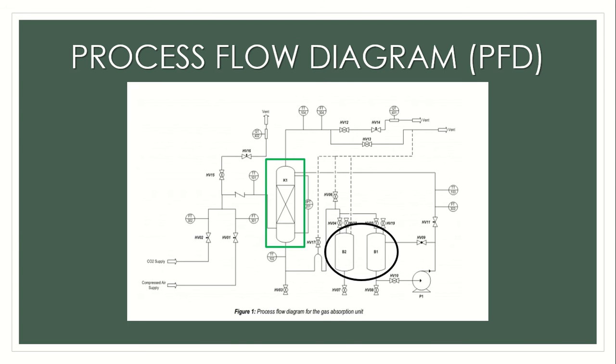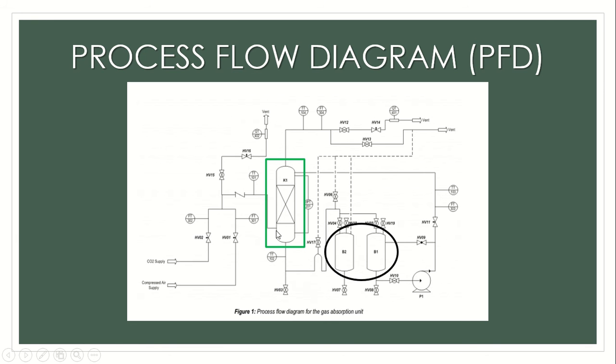The second part is K1. This K1 is what we call the absorption column. This is the main unit that we will use in the experiment.